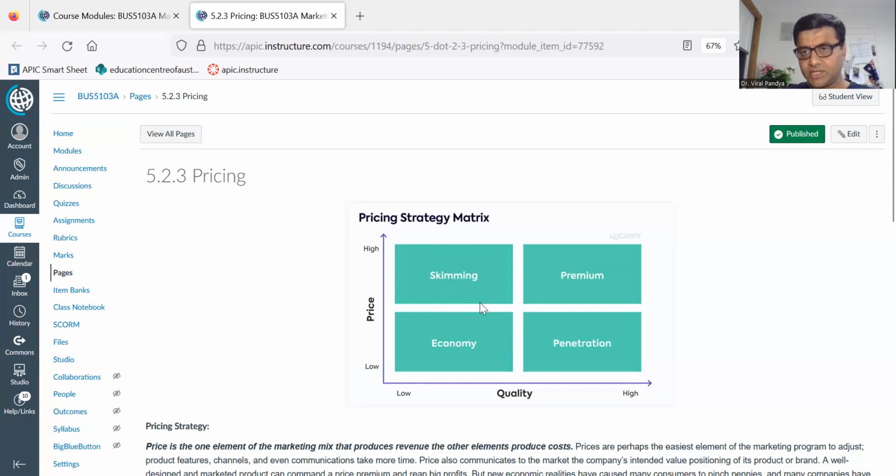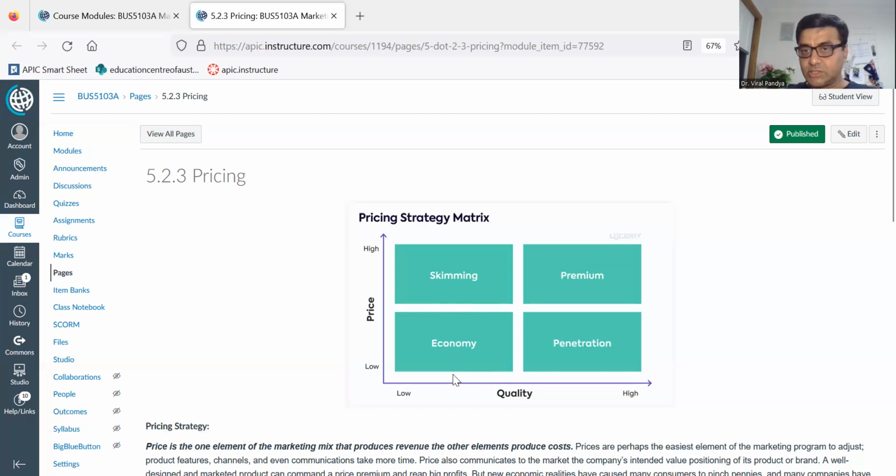The objective of market skimming pricing is to get cash inflow in the initial stage of the product life cycle and use that for the qualitative development of the product or other elements of the marketing, like setting up the supply chain, etc.